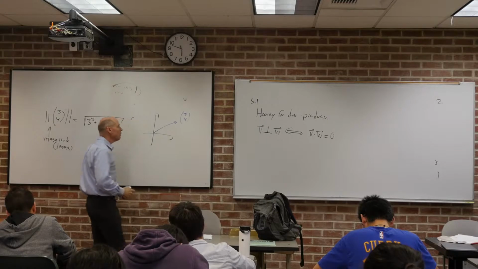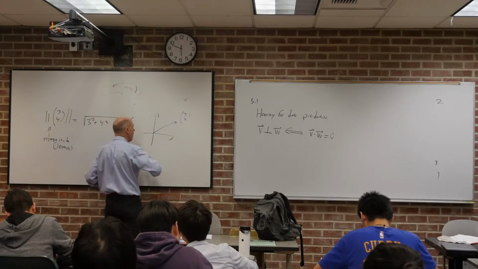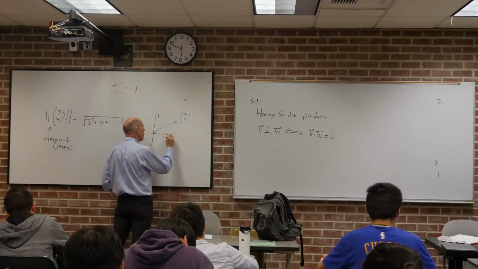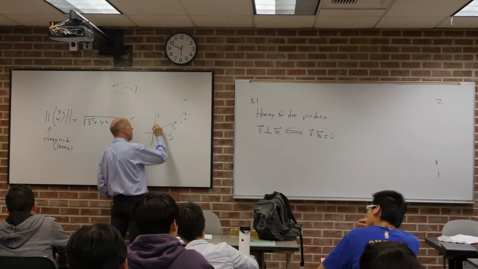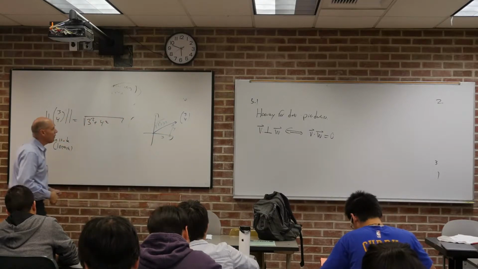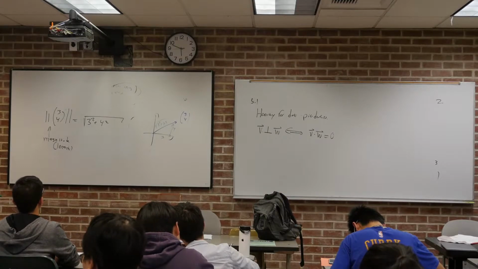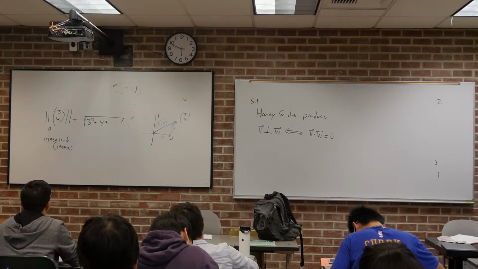So the vector looks like (3, 4) up like that. I'm going to break this down. Do 3 in that direction and 4 in that. And then Pythagoras tells us that the hypotenuse is the square root of 3 squared plus 4 squared.